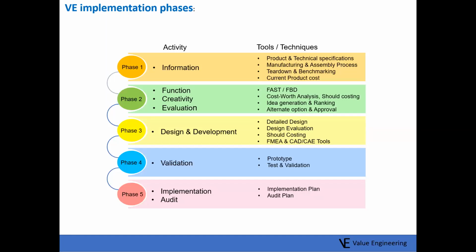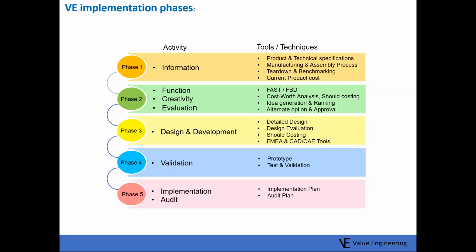So in the first phase we collected the information. In the second phase we did the function analysis, creativity, and evaluated our ideas. Now in the third phase, we need to develop that idea into a design. Here we use CAD software like CATIA, Creo, and SolidWorks to develop the design of our idea.